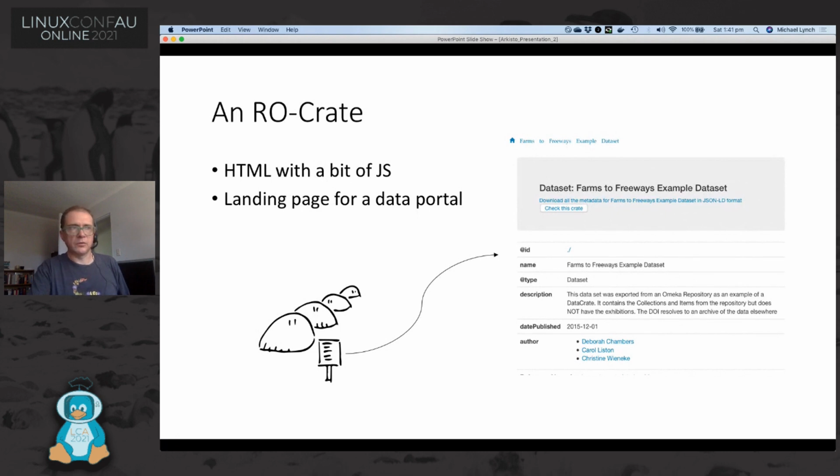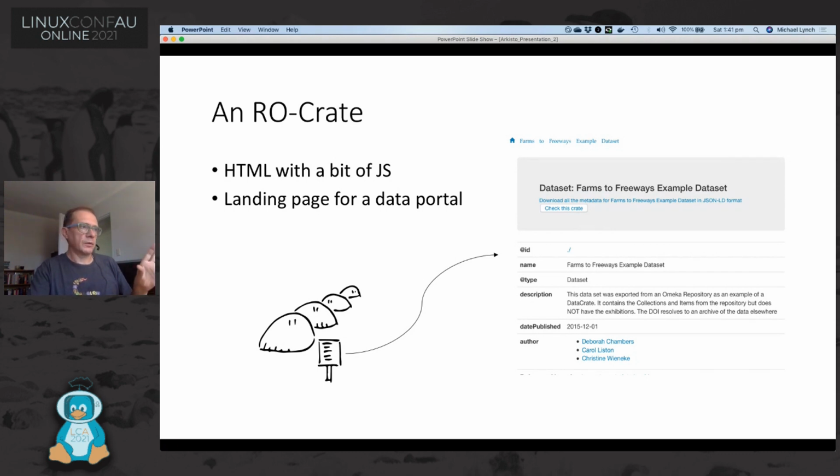So I'm going to take you through these standards and actually show you what they look like from the inside out. An RO-Crate looks like this if you browse it. This is a publication which my colleague and former boss Peter Sefton crosswalked out of an Omeka repository. It represented a fairly big history project called Farms to Freeways. And so this is data that was in one of those bespoke collections and has been written out to files.